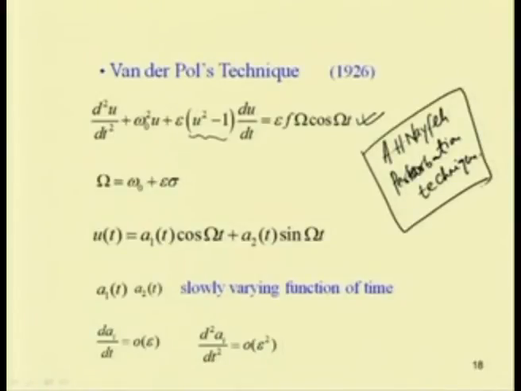In this method, one can assume the solution u to be a1(t) cos omega t plus a2(t) sin omega t.